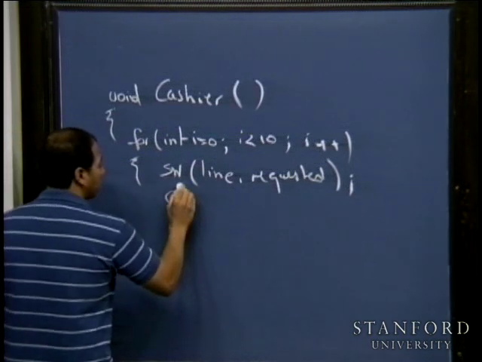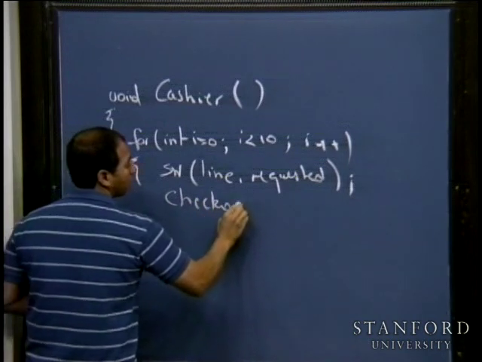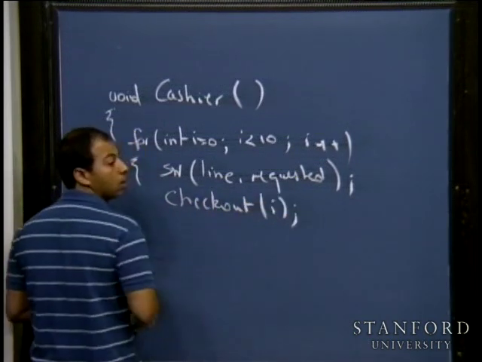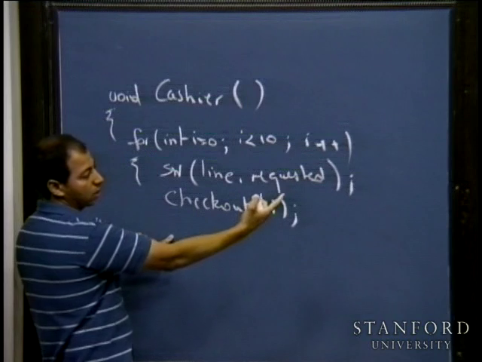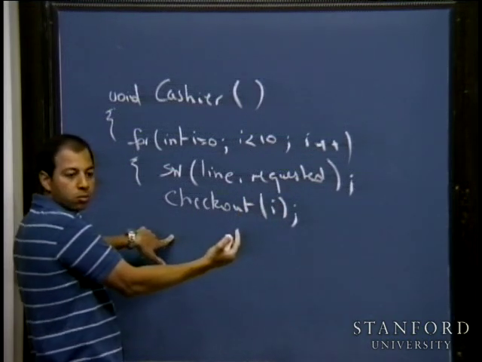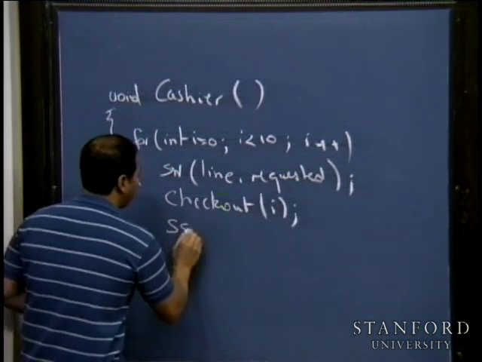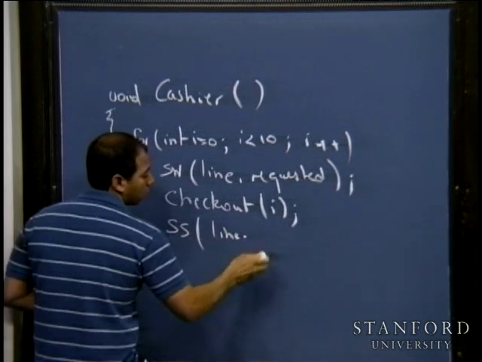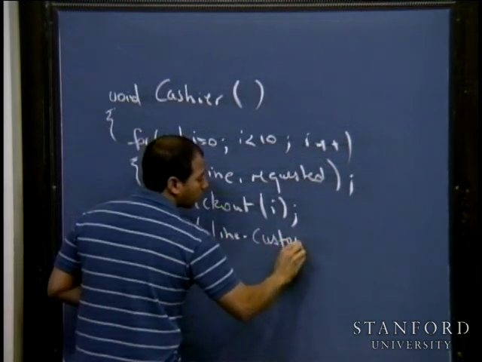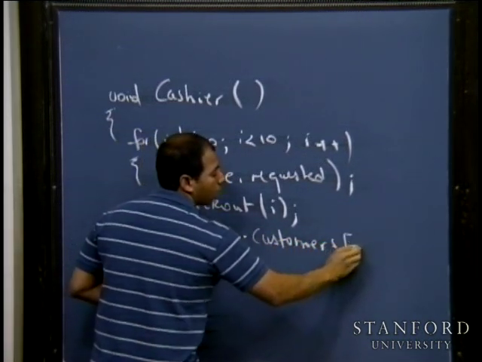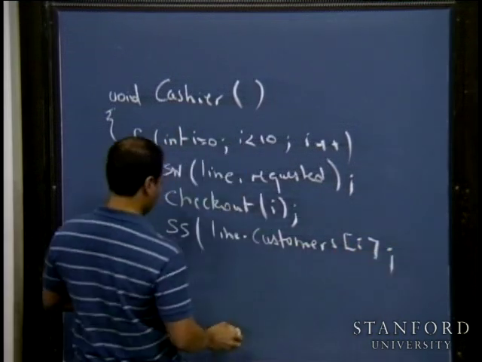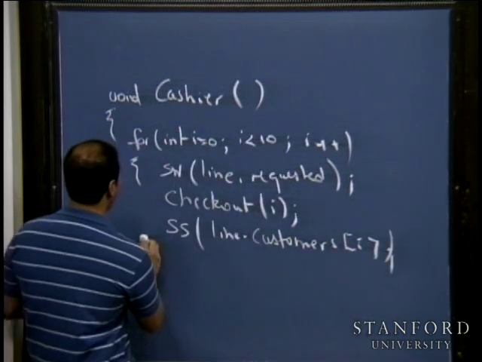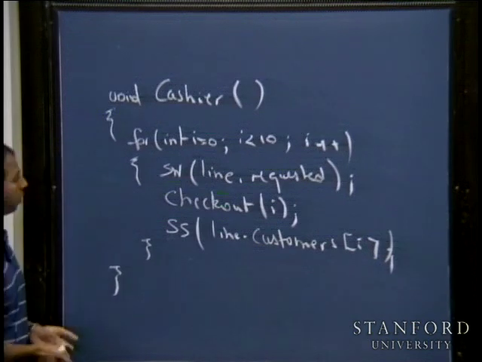So you check out some function, check out customer i, and then you signal customer i because you know he's the first one in the queue, in the line. So you semaphore signal line.customers of i. All right, and that's your cashier.